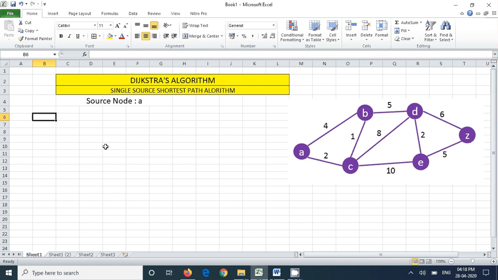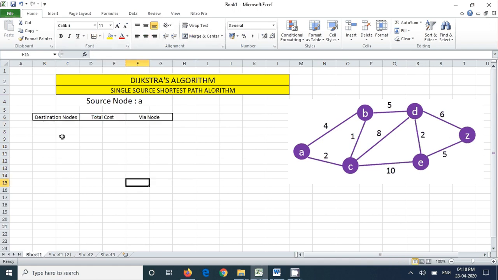The source node being A, I'll be putting a small table with the destination nodes, and we'll put a total cost for each, and there is a via node, which tells from which node you are coming, the one previous to that.